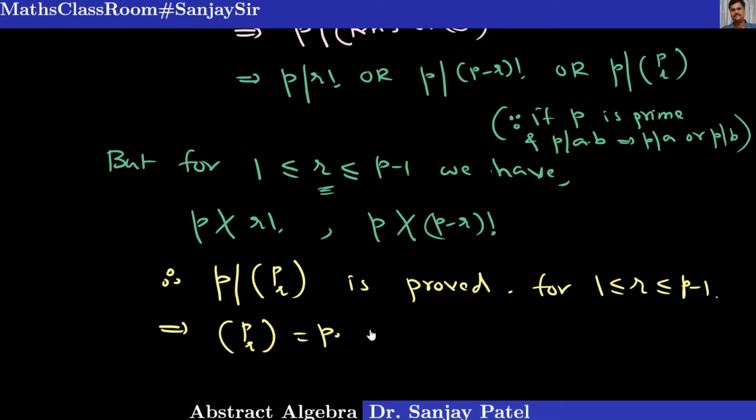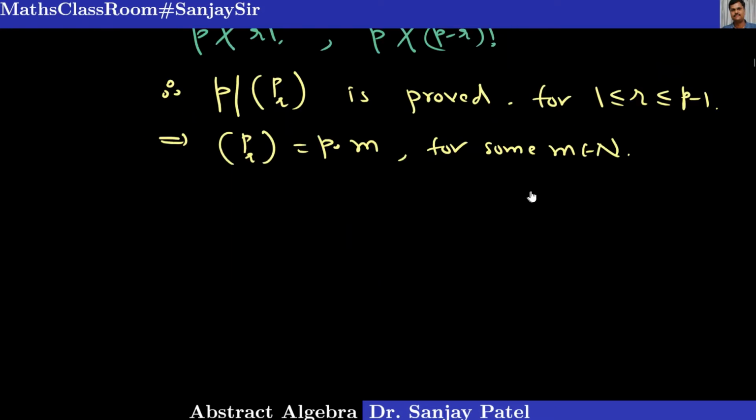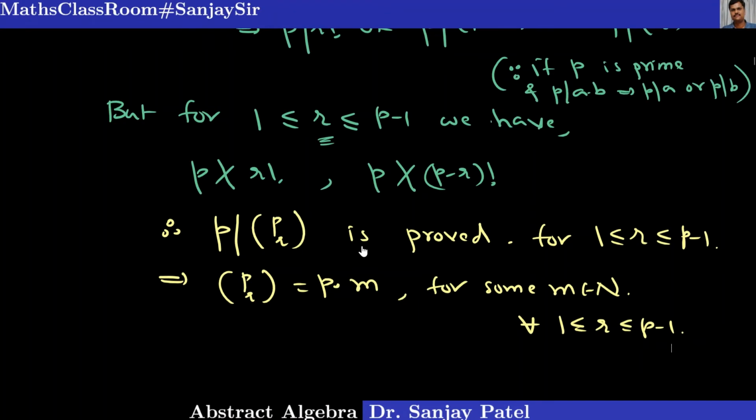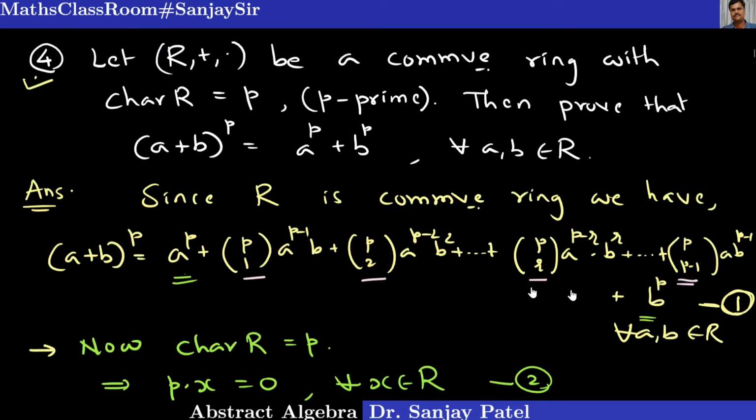So let us call that p into m, for some integer m belonging to N. This is true for every r between 1 and p minus 1. So if you take a general term in this binomial expansion, p divides this pCr. So pCr is a multiple of p.